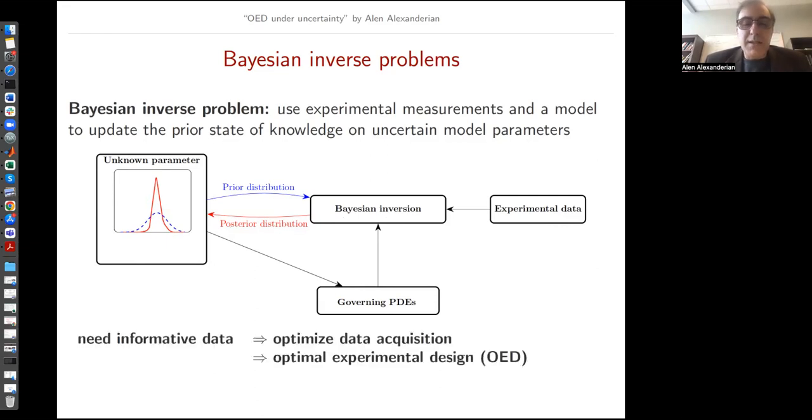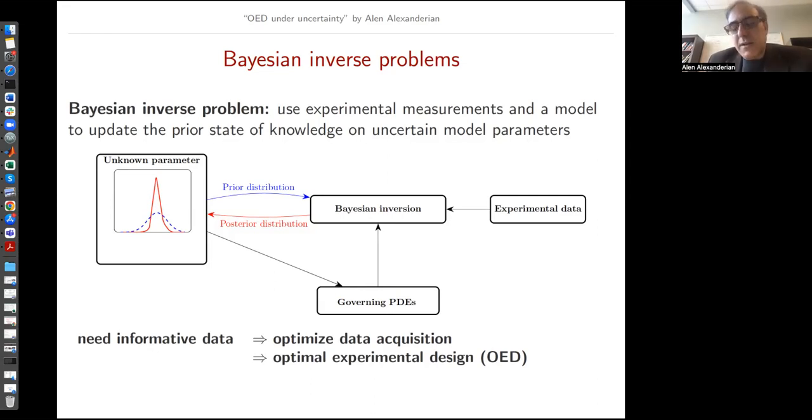In all these things that we discussed, we need data to solve the inverse problem. Obviously, it's desirable to have good informative data, and that leads to the idea of optimizing your data acquisition strategy.